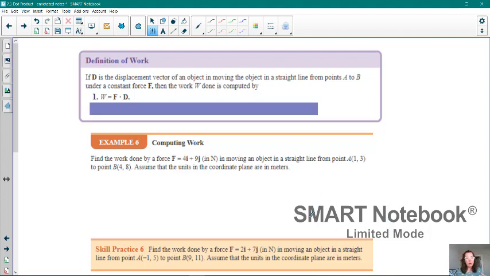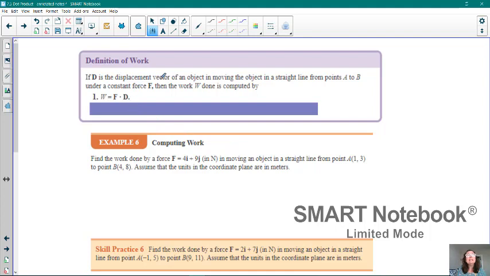And the definition of work, as we are referring to it in the physics sense of the word: D is the displacement. Now, displacement is how much it moves. We've heard the word displacement before when we were talking about simple harmonic motion. Think about that block moving along the spring.